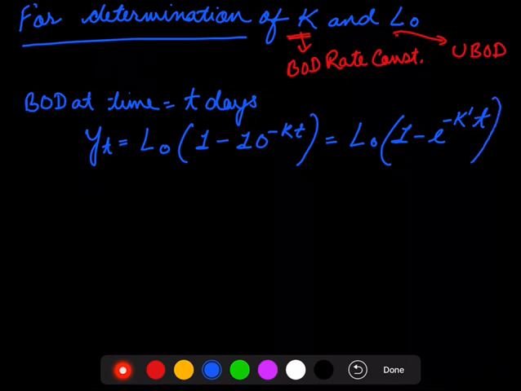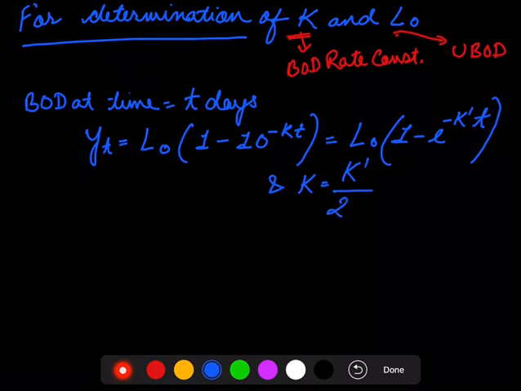And k equals k dash by 2.303. These things were covered in the previous lectures, so by now you should know all these things. Today we will see how to determine the values of your BOD rate constant, and also the values of ultimate BOD.